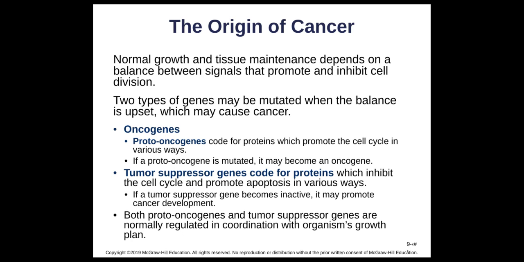If the tumor suppressor gene is inactive, it can promote cancer growth. Both of these types of genes are normally regulated within this organism's growth plan. Like, your body and your DNA already normally has this under control, but there could be mutations introduced many ways that could turn these on or off in bad ways.